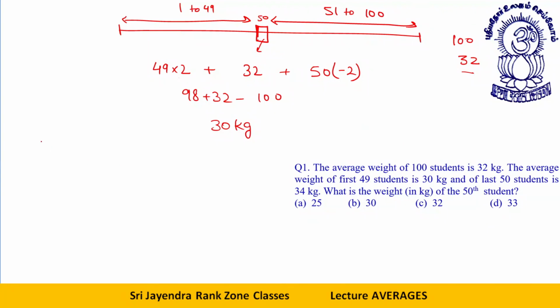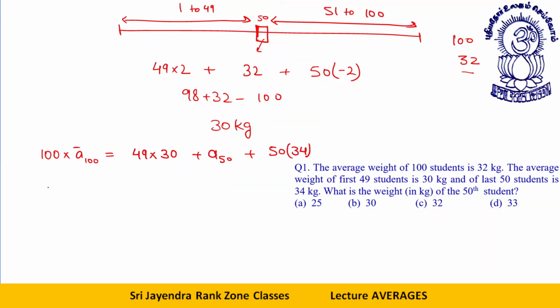If this method is not clear to you, how will we do it? Look, the sum of 100 people is 100 into the average. This sum is equal to what? First 49 people into their average, their average is 30, plus the 50th person, plus the next 50 people, their average being 34. This is the equation.